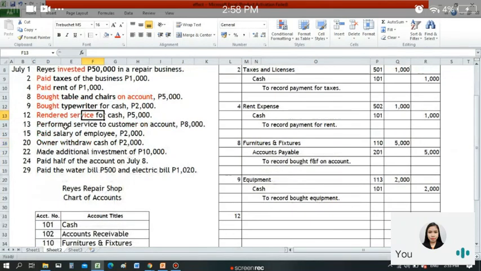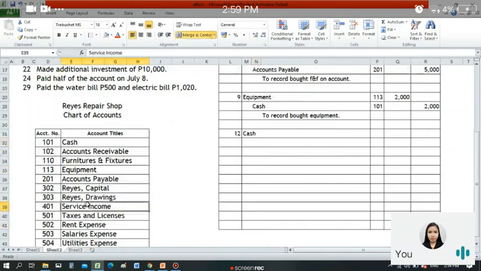Okay, we have rendered service and cash. So, based on this transaction, what did you receive or you debit? Binayaran ka ni customer. So, you receive cash. So, we debit cash. And then, our credit is the income account because of the words rendered service.